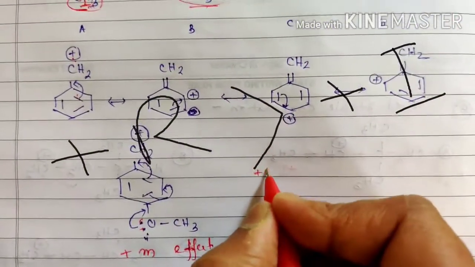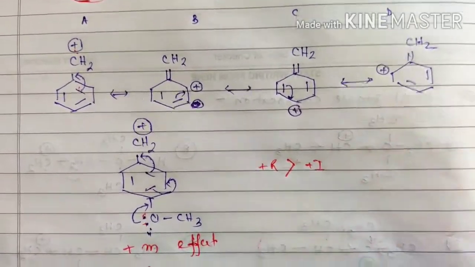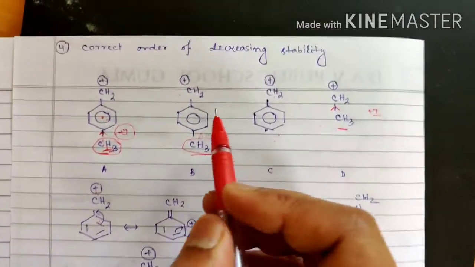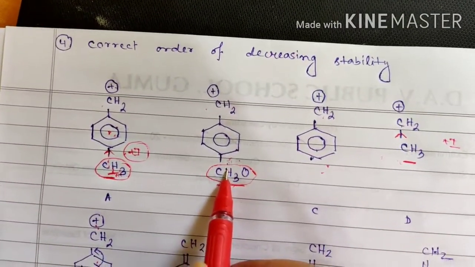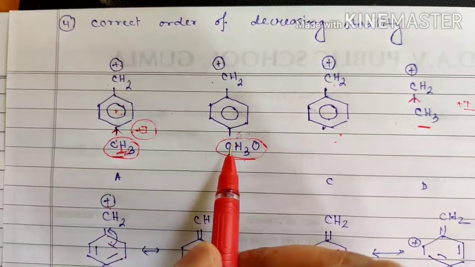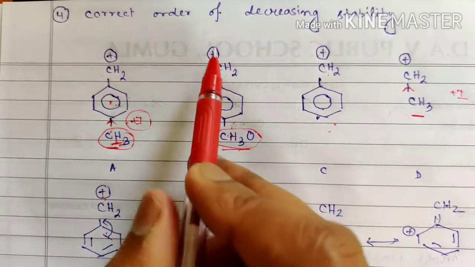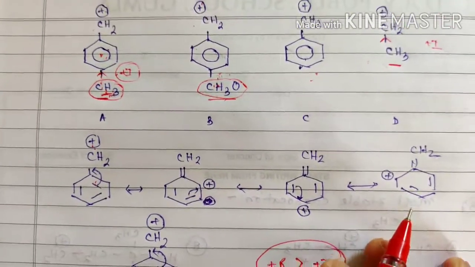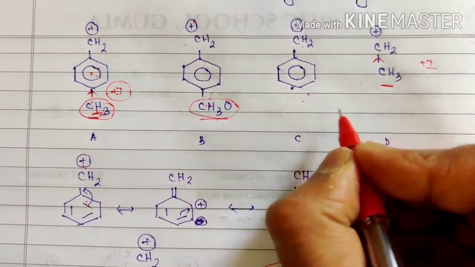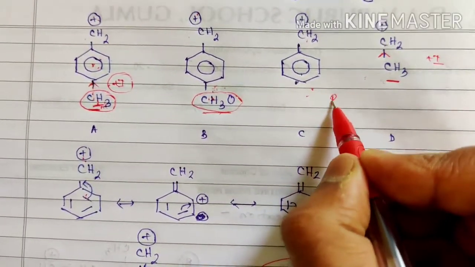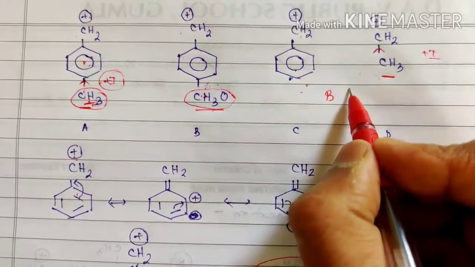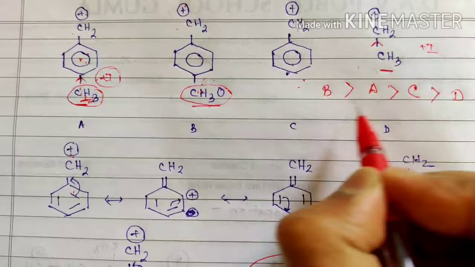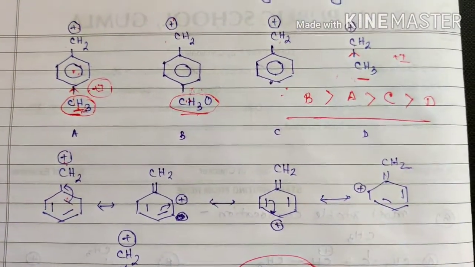We know that plus R will be having greater capability than plus I. So due to the plus R effect over here, the stabilization of the carbocation will be greater. So the most stable out of the lot, if I write down the order over here, the B will be most stabilized, followed by A, followed by C, then D. This is the correct order.